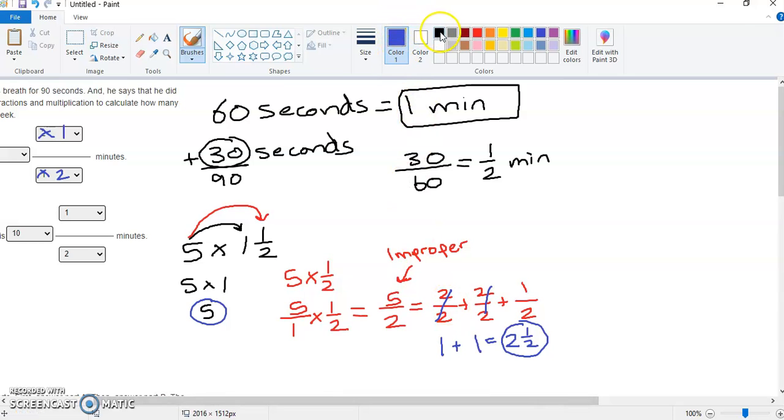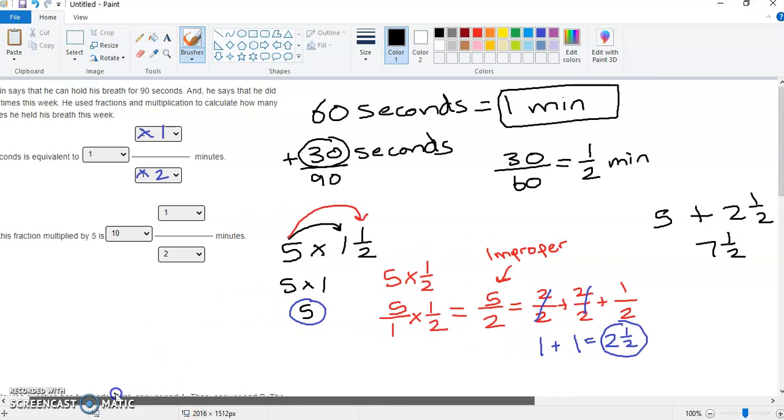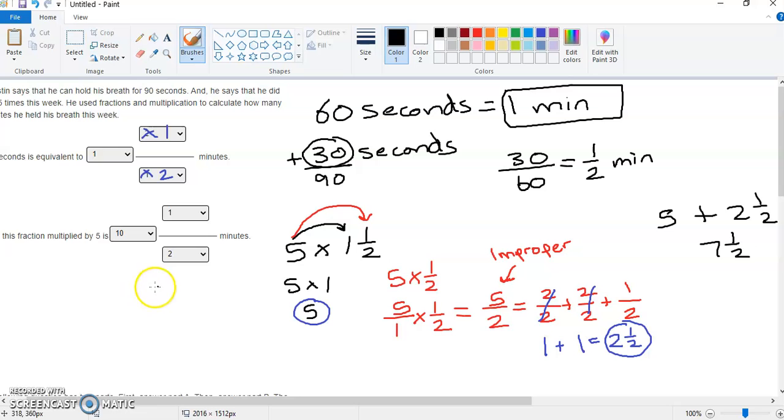I'll take my 5 and I'll add my 5 to the 2.5. 5 plus 2 is 7, and then I have 1/2. So if Augustine holds his breath for 90 seconds or 1.5 minutes, and he does it 5 times, he's going to hold it for 7.5 minutes. Yeah, 7.5.